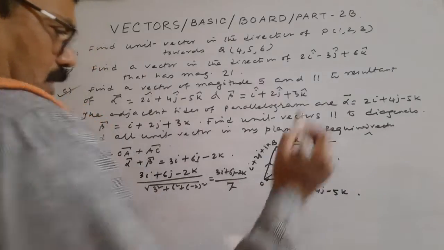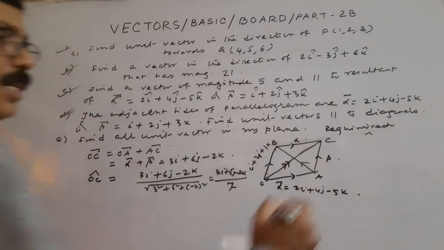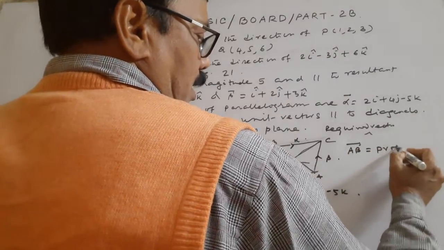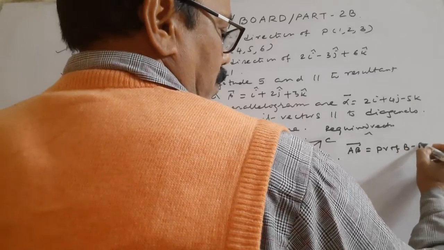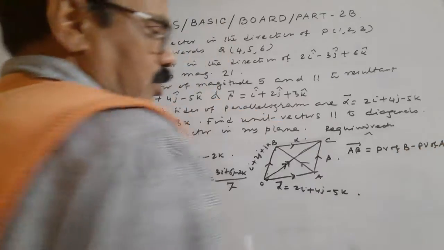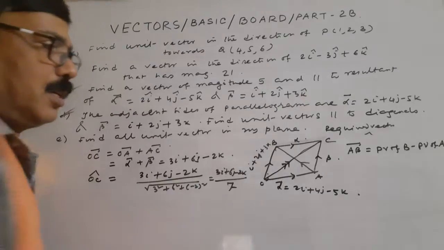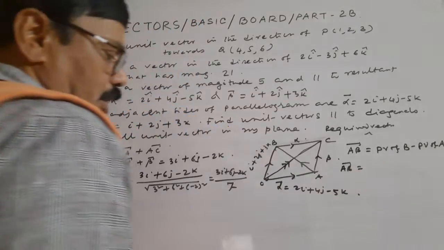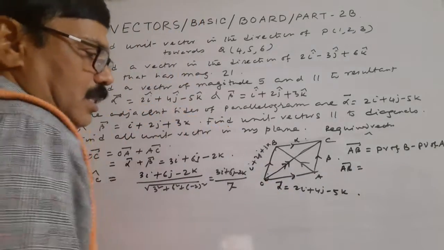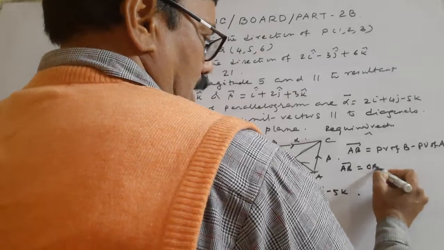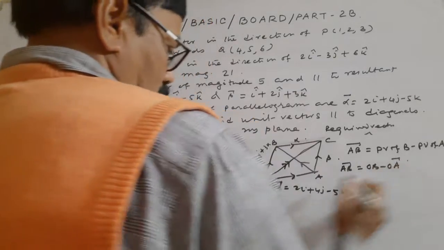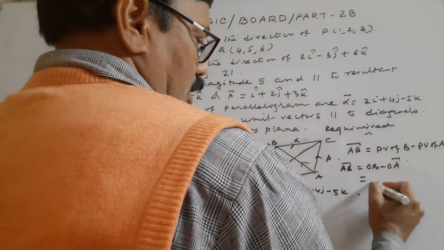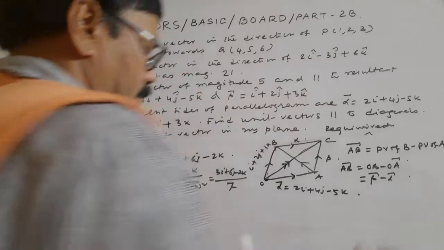So suppose AB. So what is the AB vector? PV of B minus PV of A. We consider O as origin. So OB minus OA, so beta minus alpha.